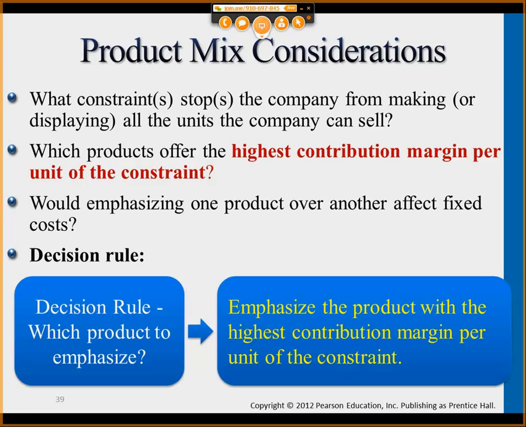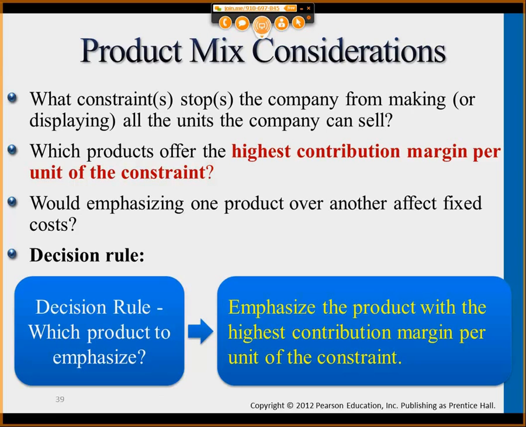The first one, what constraints stop the company from making or displaying all the units that the company sells? Limited shelf space. Yeah, right? Which products offer the highest contribution margin per unit of the constraint? Another one, would emphasizing one product over another affect fixed costs? So all these questions are important to answer before we make a decision.